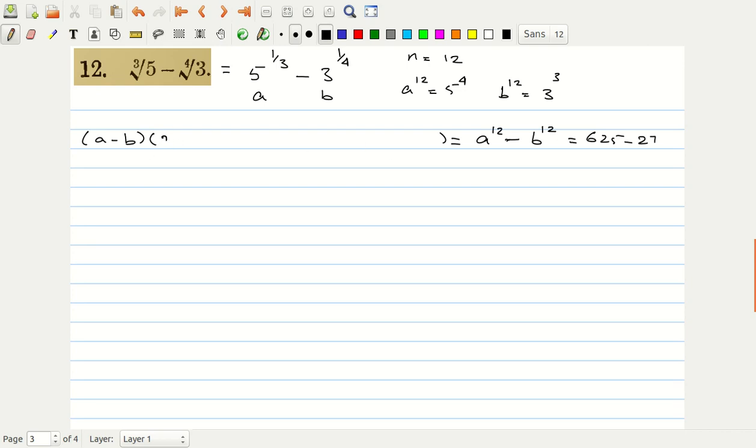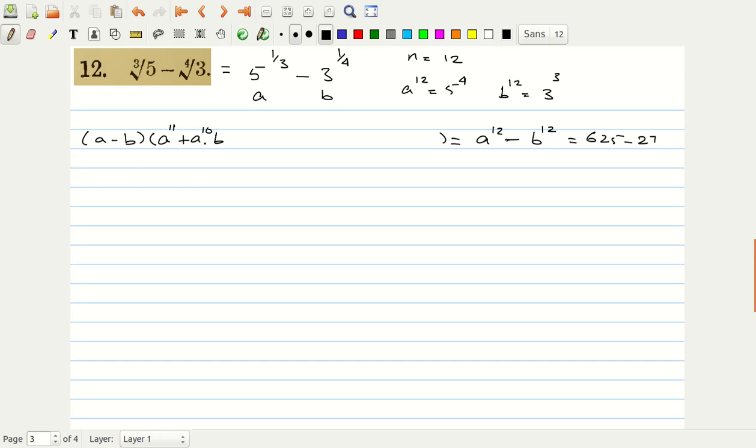This missing factor is going to be a to the power 11, so you get a to the power 12 minus b times a to the power 11, so you have to cancel that. So you put plus a to the power 10 times b.